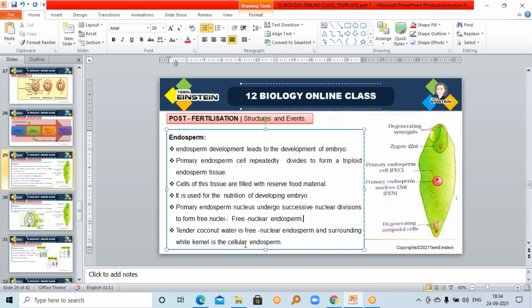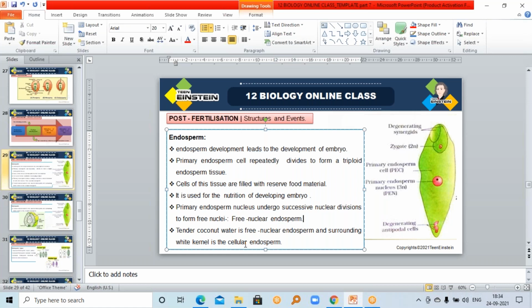So when it is maturing, the cell wall formation will start. Up to that, it is in a free-nuclear endosperm stage. Then slowly the white kernel will form, and that is the cellular endosperm. Okay, the forming embryo will use the nutrients from this.